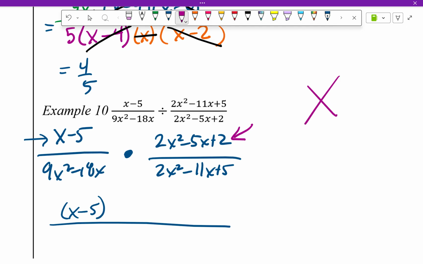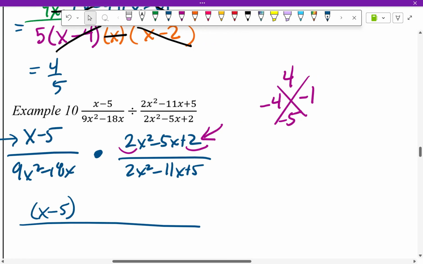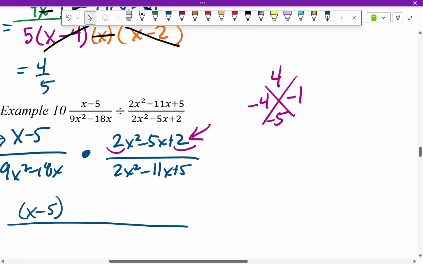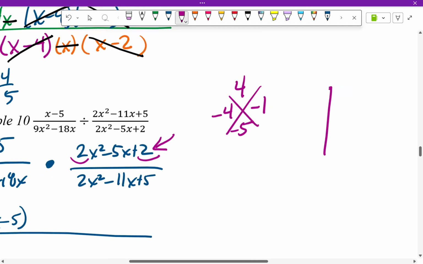Okay, what type of factoring is the rest of the numerator here? Magic x. Remember, I have to multiply 2 times 2 for the top of the magic x, and the bottom is negative 5. So 2 numbers that multiply to 4 and add to negative 5. Negative 4 and negative 1, good. Okay. Do I need a box? Why do we need the box? There is a leading coefficient.